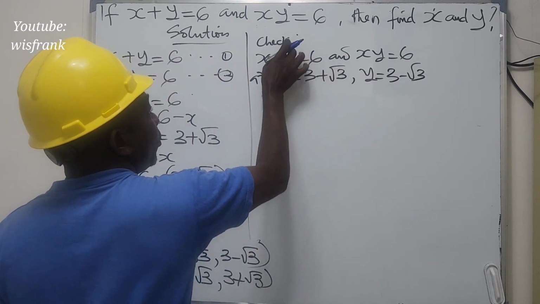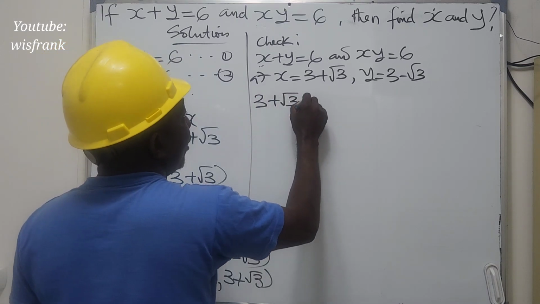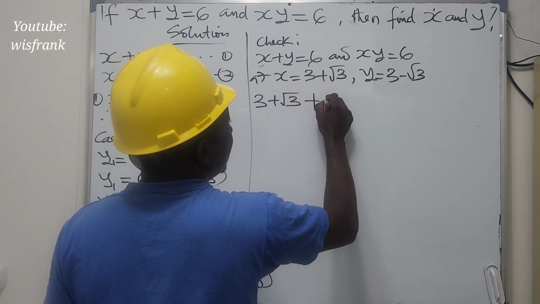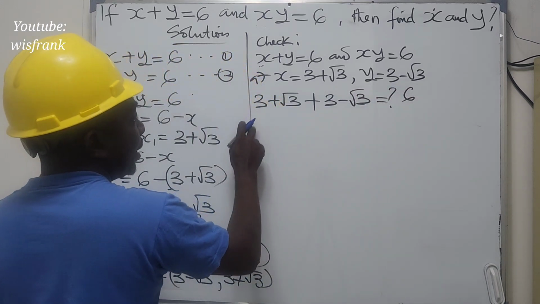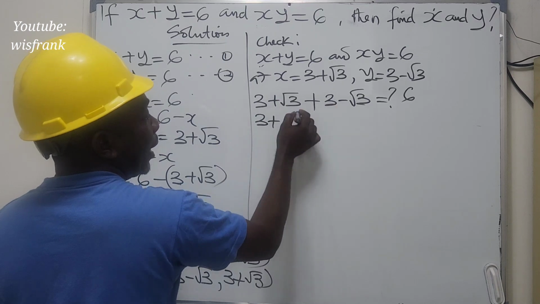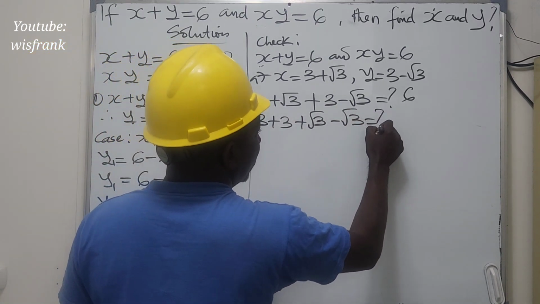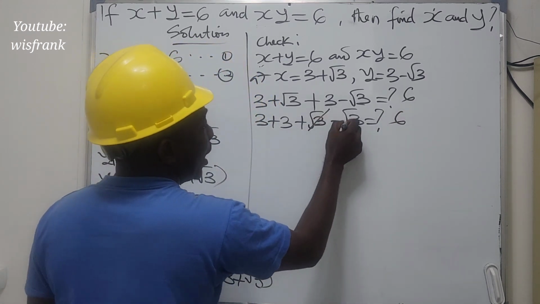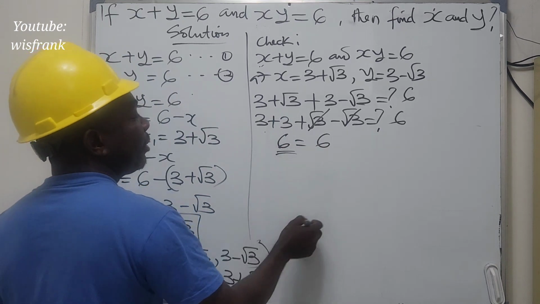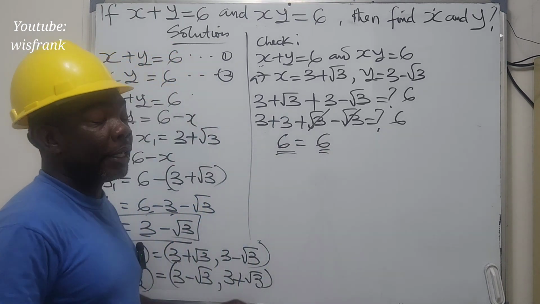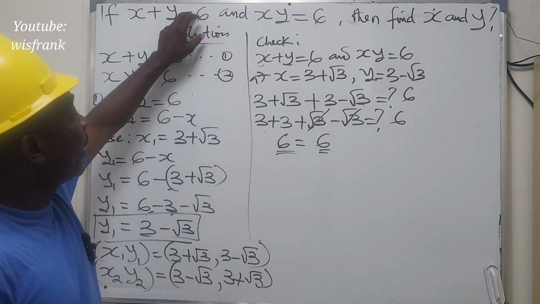Then substitute this into here, we have our x, which is 3 plus root 3, then we have y here, which is 3 minus root 3, equals what? Which is 6. We can see that when we collect like terms, we have 3 plus 3, plus root 3 minus root 3, equals what? Which is 6. We see that this will cancel here. 3 plus 3 is 6, which equals 6. So what we have on the left hand side is what we have on the right hand side. Therefore, the first value of x1, y1 satisfies this equation.